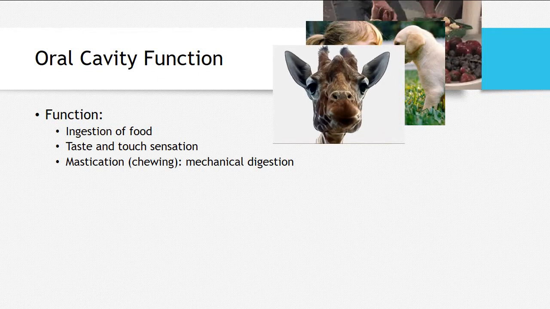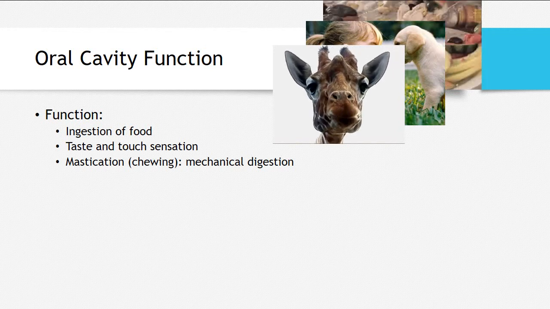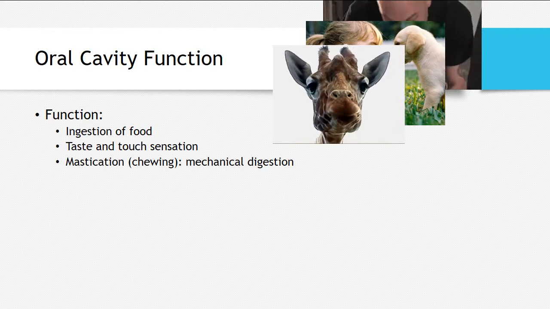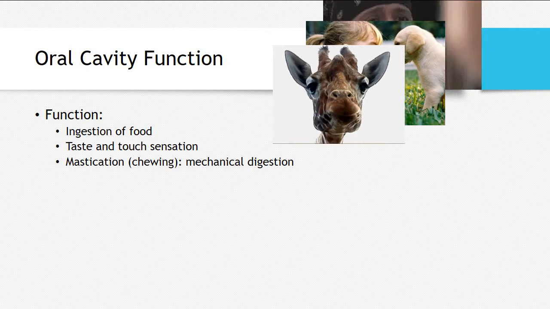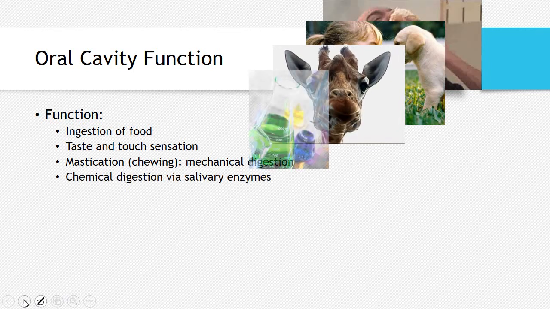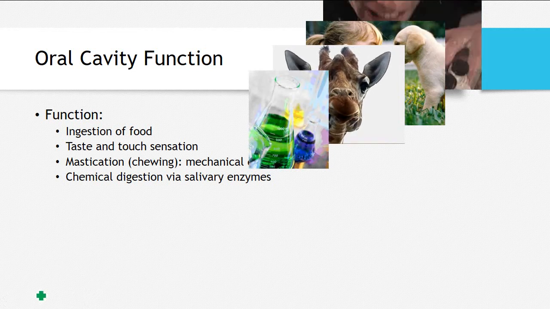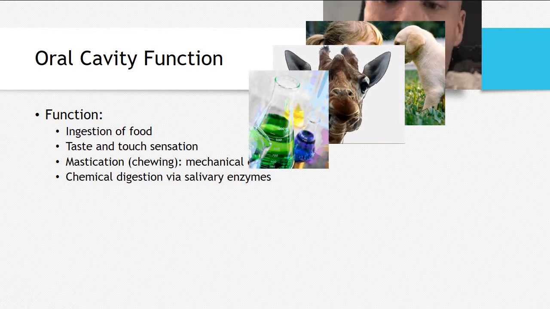So this is a type of mechanical digestion. When you're going through the alimentary canal, you want to be thinking of what is mechanical, what is chemical, and what is occurring in these locations. At the same time, there's going to be some chemical digestion using salivary enzymes. These salivary enzymes are produced by the salivary glands.